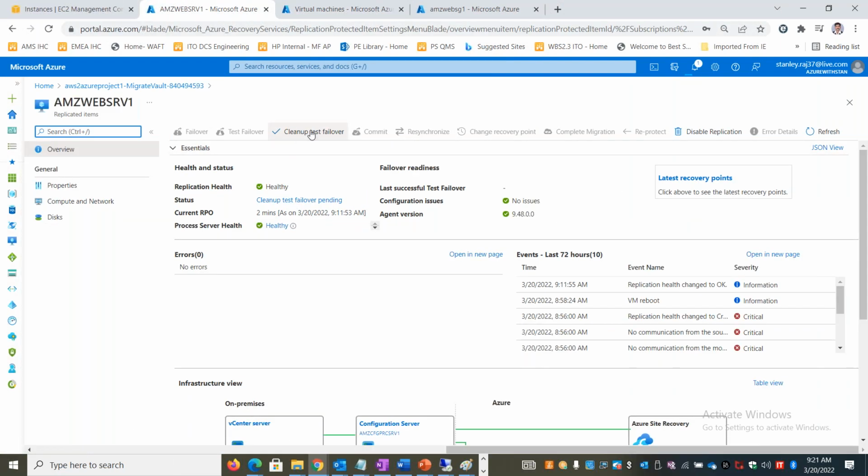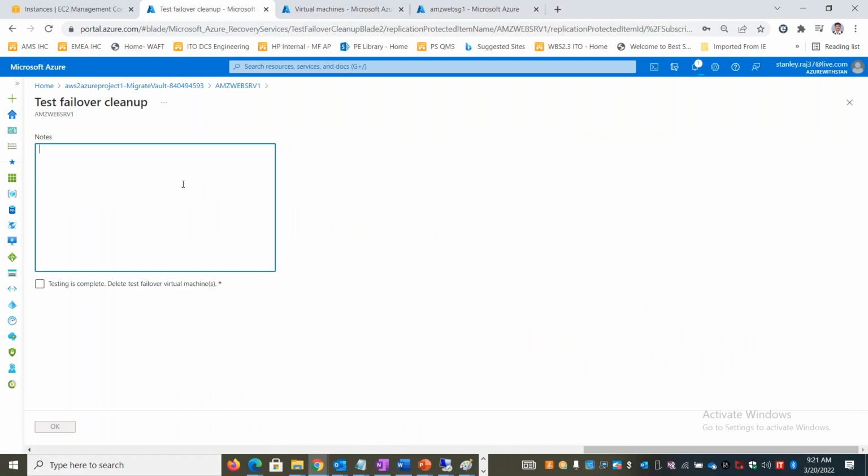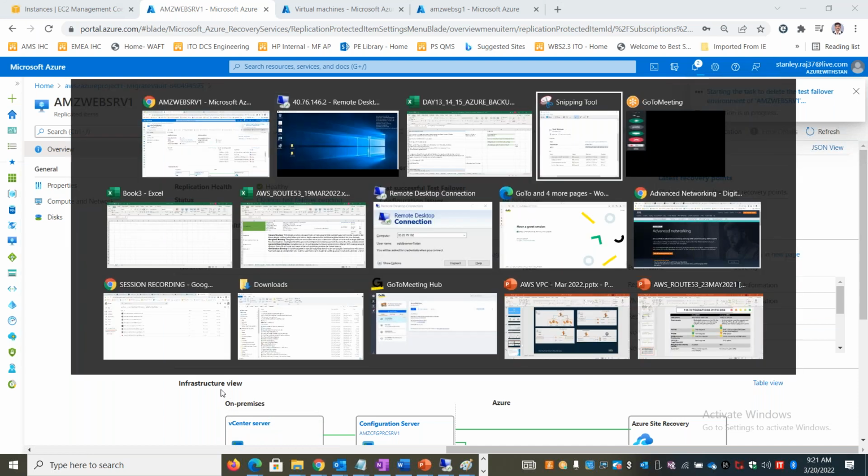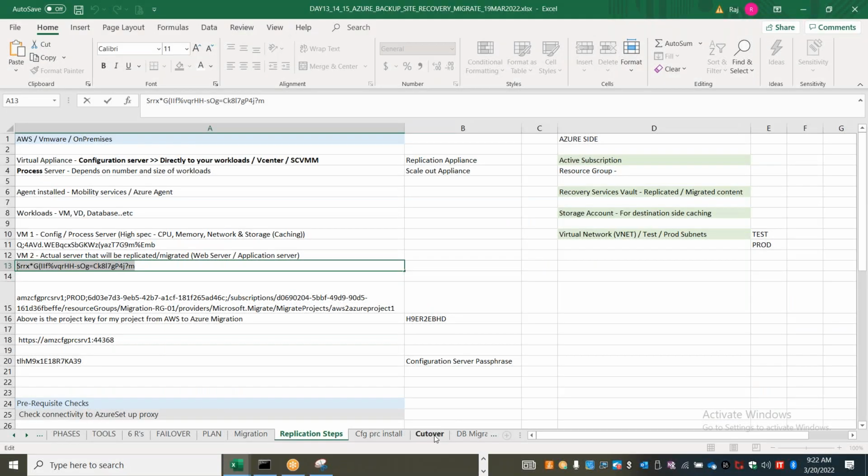So let me go and say clean up test failover. So this will go and, okay, we can just mention that testing was successful, and we are going to clean up the VM, delete the test failover virtual machine. Okay, so that is what the next step is. So we'll go and clean up the test VM.